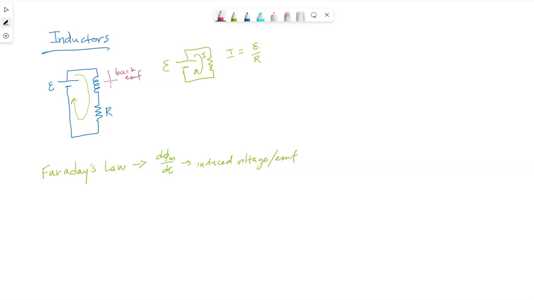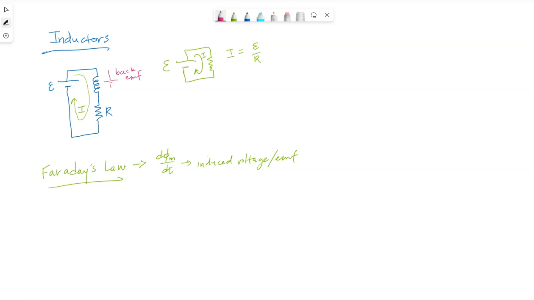It creates its own EMF to try to stop the flux from increasing. So this current that the battery is pushing through the circuit, or attempting to, the inductor is opposing. And that all boils down to Faraday's law because of the changing magnetic flux.